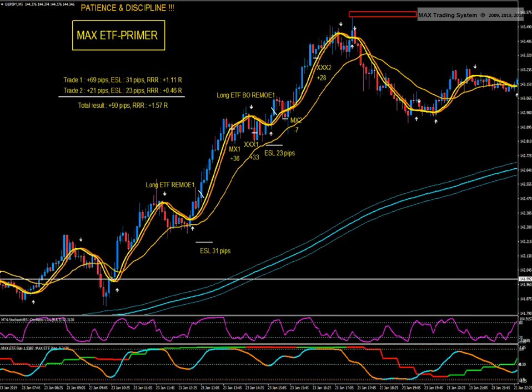Every setup we have defines a very specific pattern made by the price. To have a long setup, we need to have the slow bias green, and sometimes, depending on the setup, we need to have the slow bias going also upward. And then we have other conditions allowing to validate the technical aspect of the entry setups.